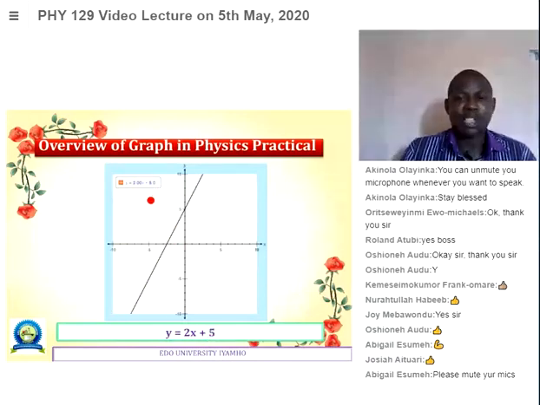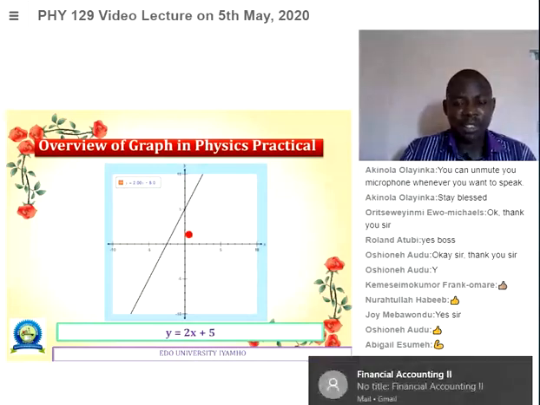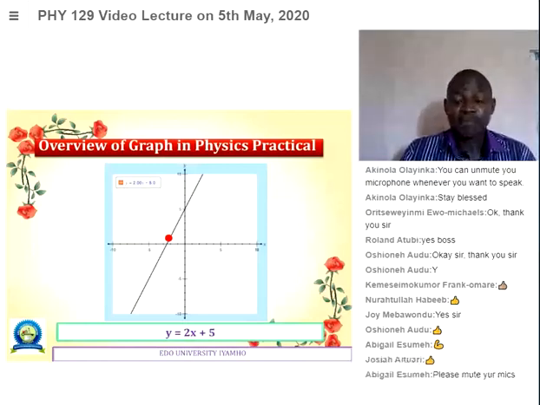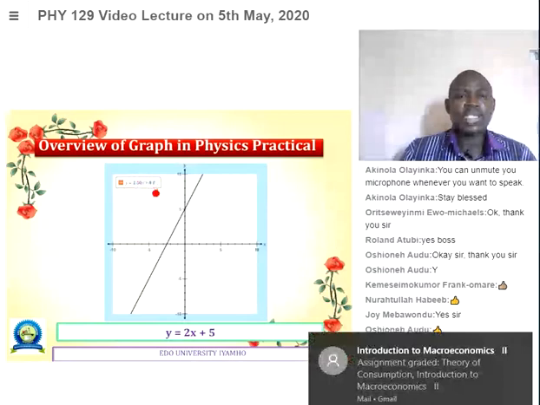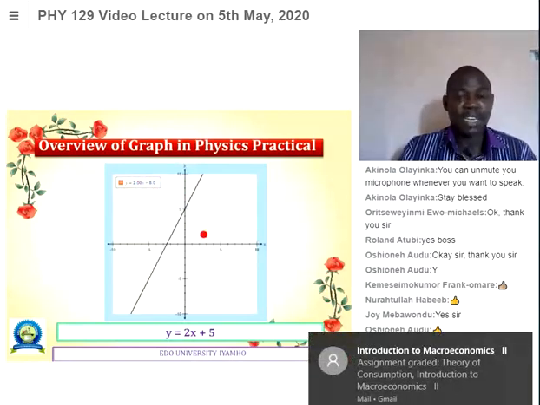Let me quickly mention that this graph was actually generated using one of the simulation applications we have in a repository for your learning. That is the linear graph you have here now.